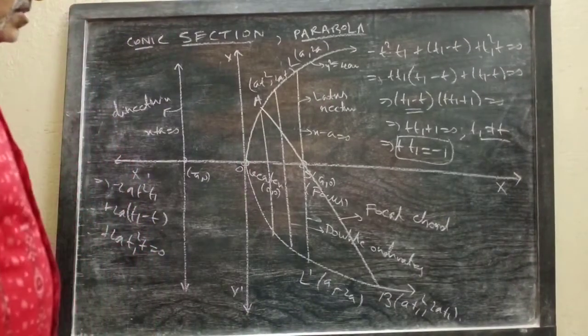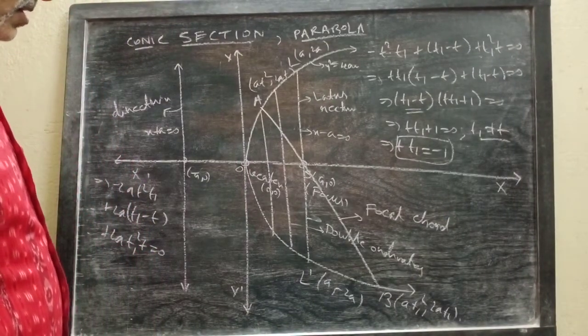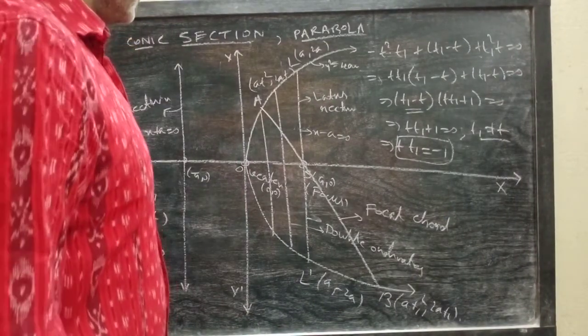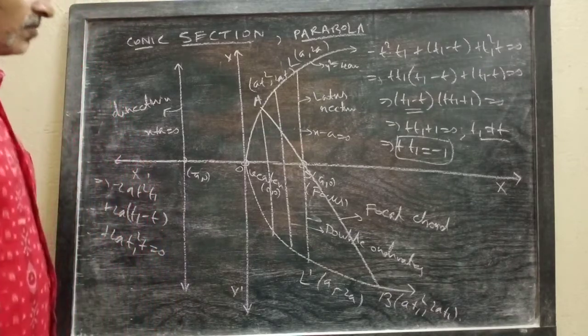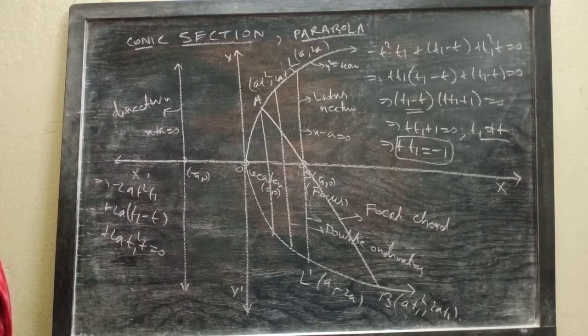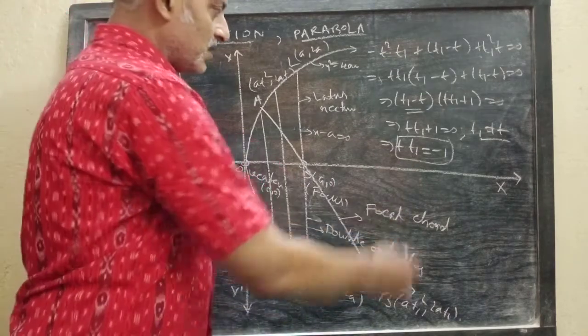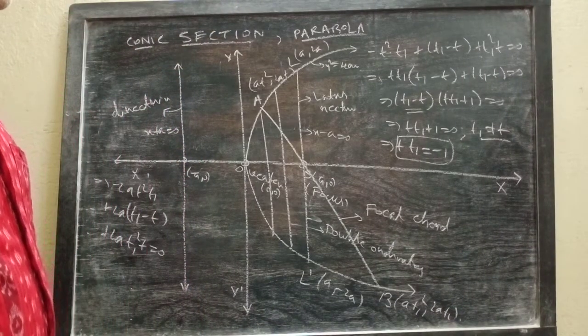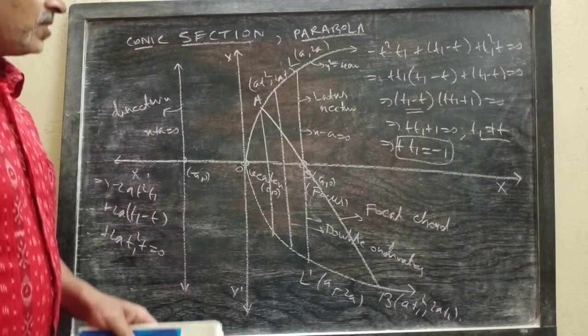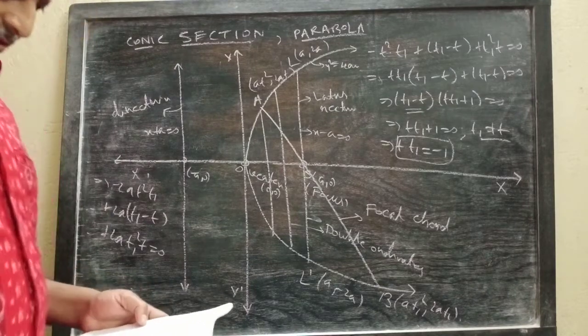This is the condition between t and t1. So if we know one end of a focal chord, then we can find the other end of the focal chord using this condition, t1 equals minus 1 by t. This is a very important condition. It will be applied in further problems, so you have to know this.